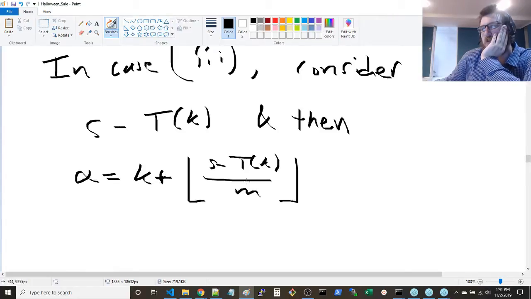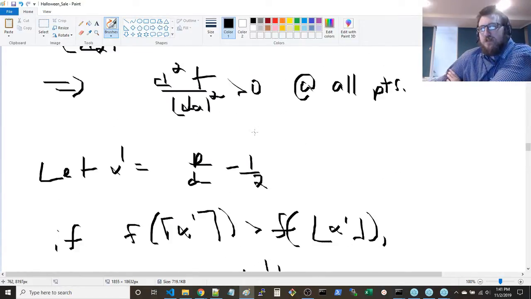Now you take the floor of this, because if there's some left over, you don't want to include it. Leftover is just leftover. You can't buy beyond that. So there you go, there's the two cases.